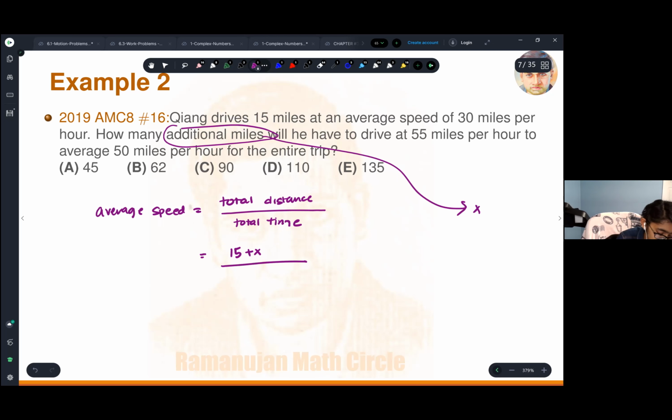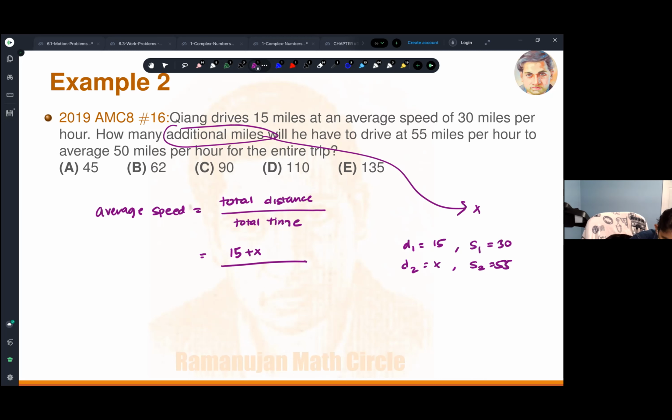You're given the speed, and you're given the distance for each portion. So assume d1 is equal to 15, s1 is equal to 30, d2 is equal to x, and s2 is equal to 55.